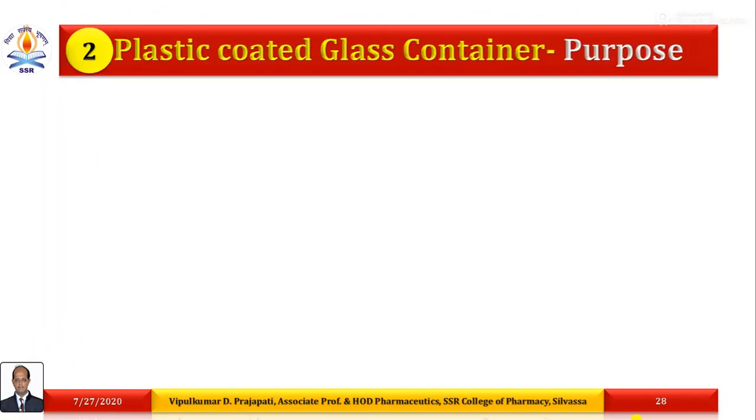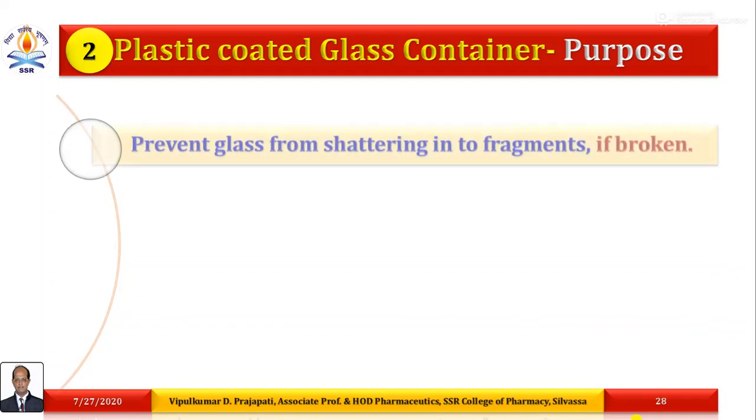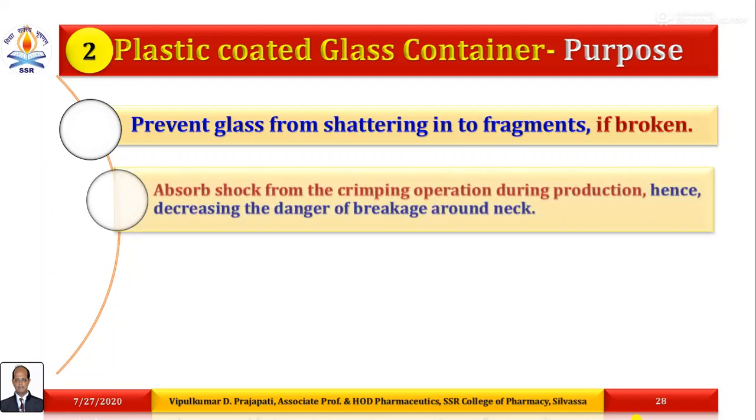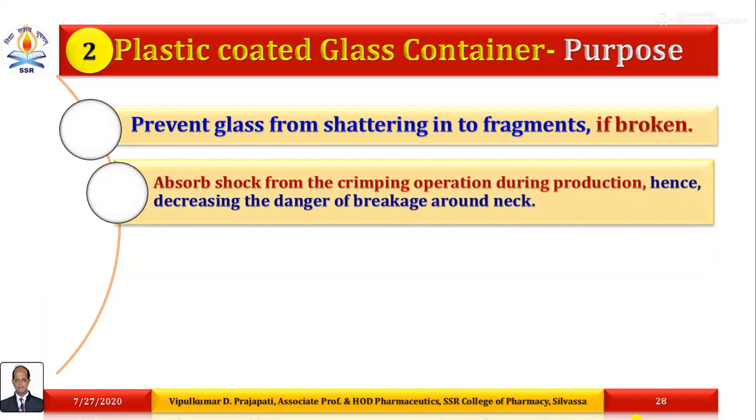Plastic coated glass containers are available for different purposes. First, to prevent glass from shattering into fragments if broken. Second, to absorb shock from the crimping operation during production, hence decreasing the danger of breakage around the neck.